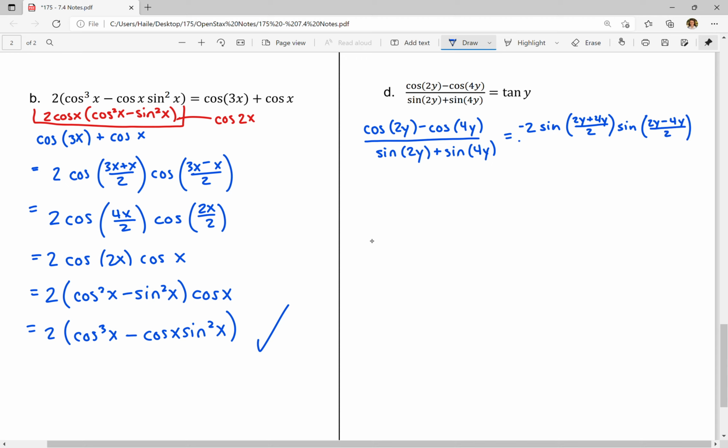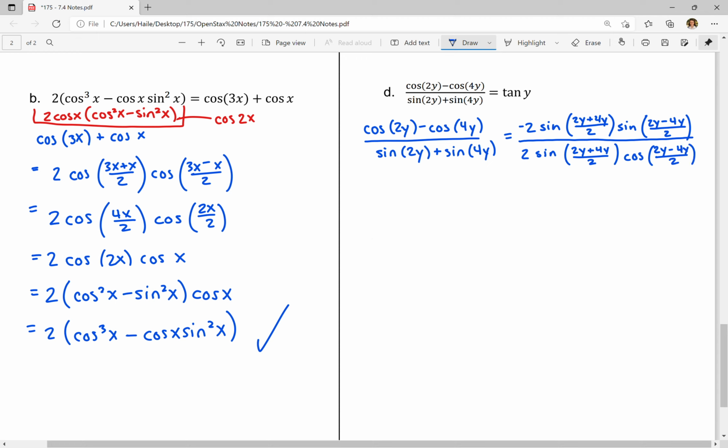And then the formula on the bottom, we're going to use the sine plus sine formula. So that's going to give me 2 times the sine of the sum of the angles over 2, so we'll have 2y plus 4y over 2, times cosine of 2y minus 4y over 2.